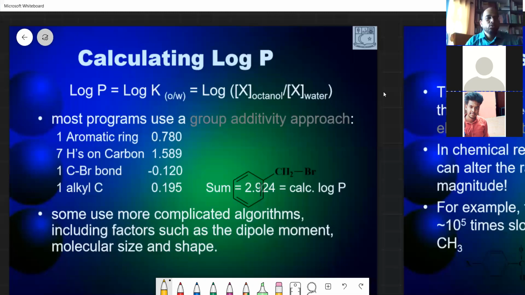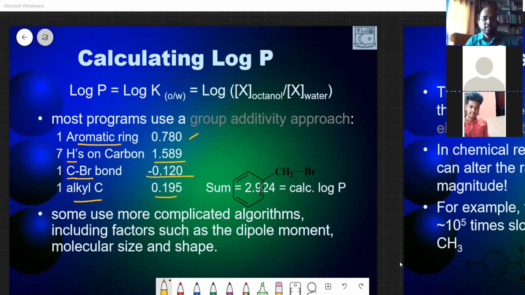Look at how the log P value is calculated. The aromatic ring contributes about 0.780. The hydrogen is about 1.589. The carbon-Br bond is about minus 1.20. One alkyl C equals 0.195. You add all these up, and the sum is 2.924.